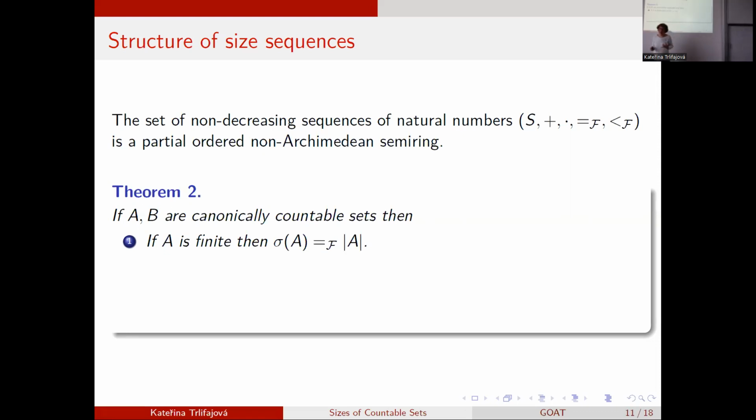If we take some finite sets, we assume that all its elements are in the first component. If a set is a subset, for instance, of natural numbers, then its size sequence is, from a sufficiently great index, equal to the cardinality of that set.